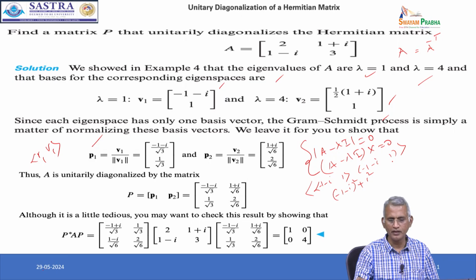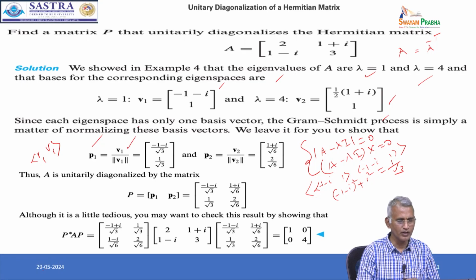So, that will be 1 by root 3 will come. This way we can calculate V1 by norm V1.